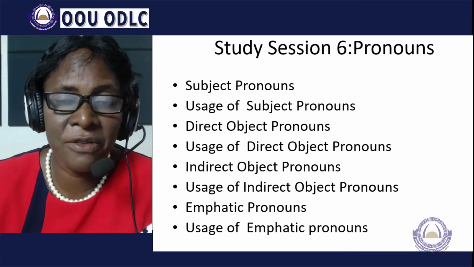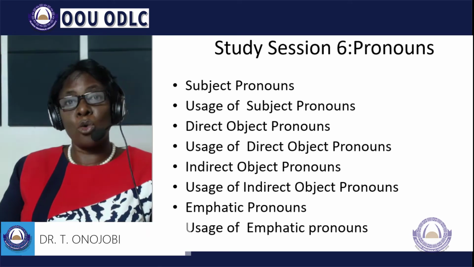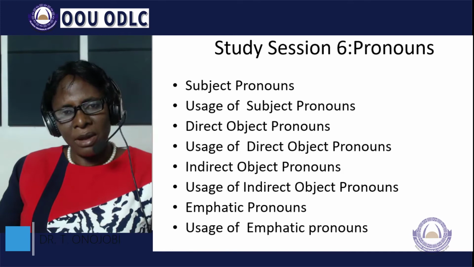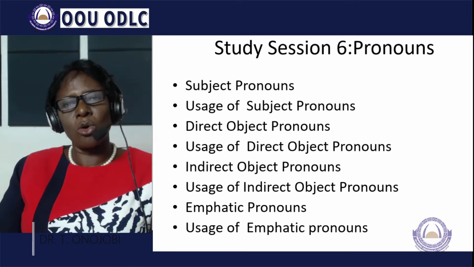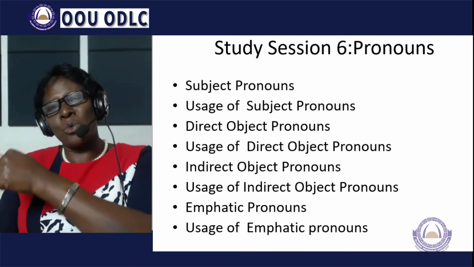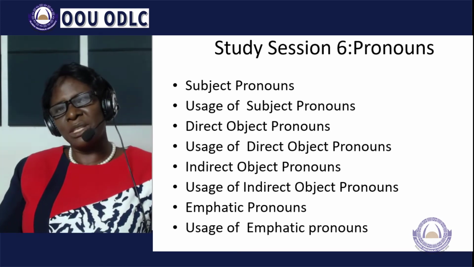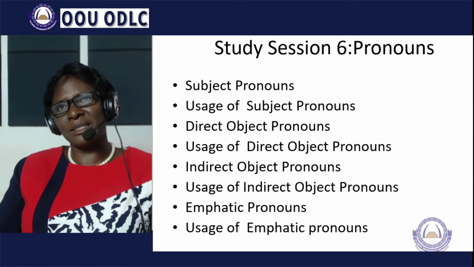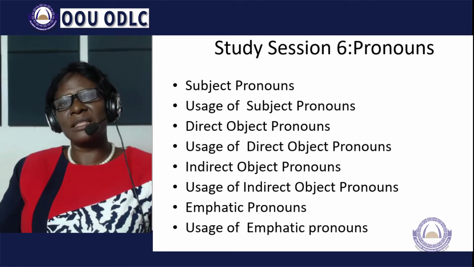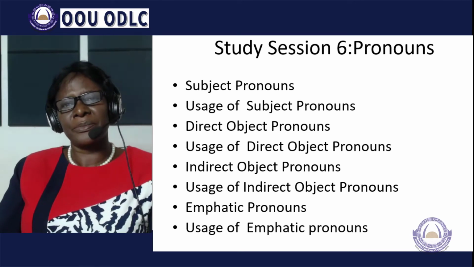We have the singular forms and we have the plural forms. The singular forms are moi or m apostrophe, toi or t apostrophe. Why do we have apostrophe? It's when the following word begins with a vowel. Then the e will be deleted and apostrophe will replace it. So take note of that. Me becomes m apostrophe.